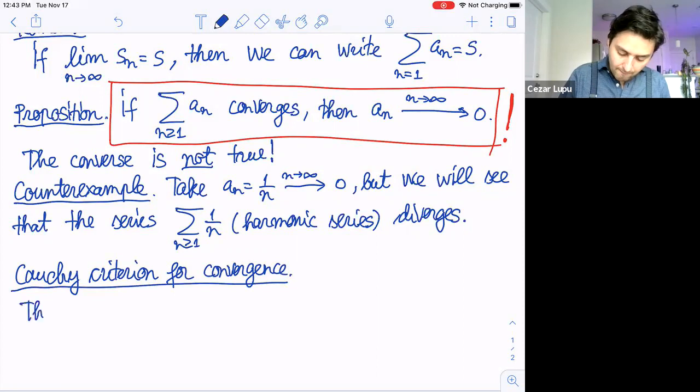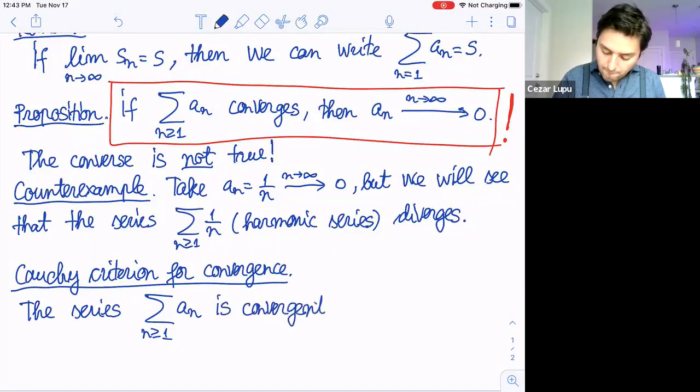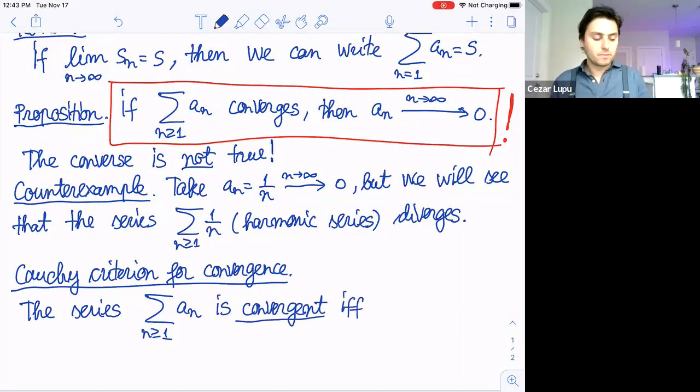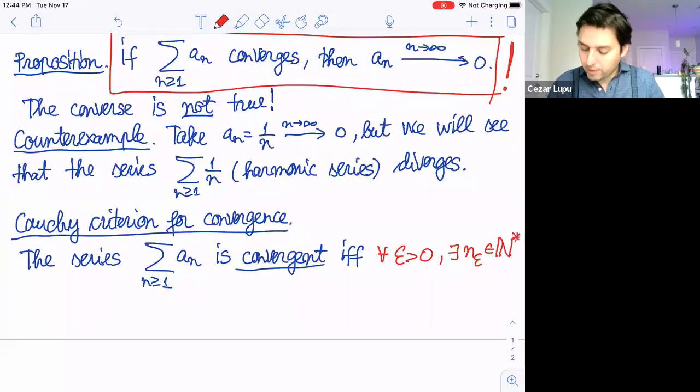The series, the sum from n greater or equal than 1 of, let's say, an, is convergent if and only if, for all epsilon greater than 0, there exists a rank n epsilon in N star.